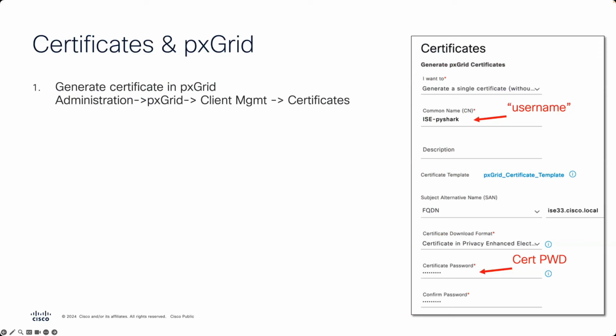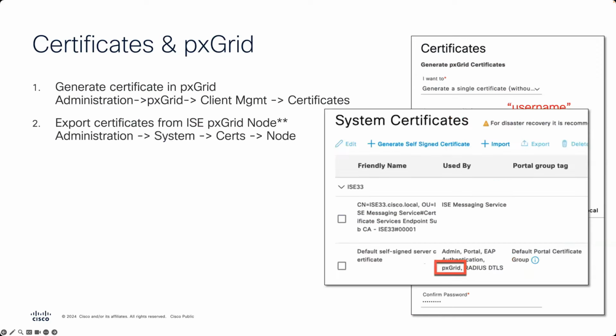In this case, I would go into my pxGrid configuration and provide a username and password for my certificate. Once I export that certificate, I get two files: my private certificate and my private key. But then I need a third file, that root CA, for my system certificate.